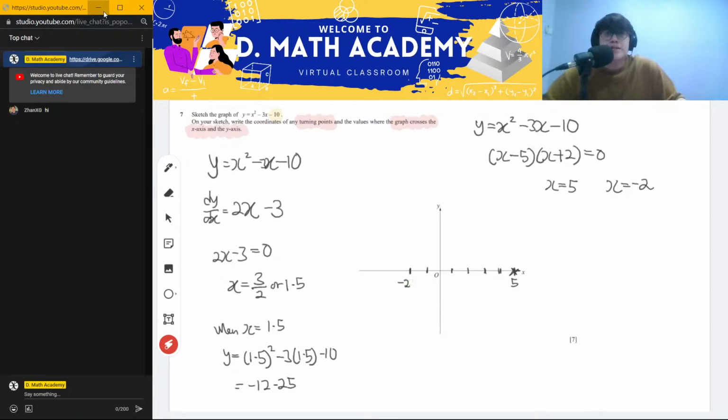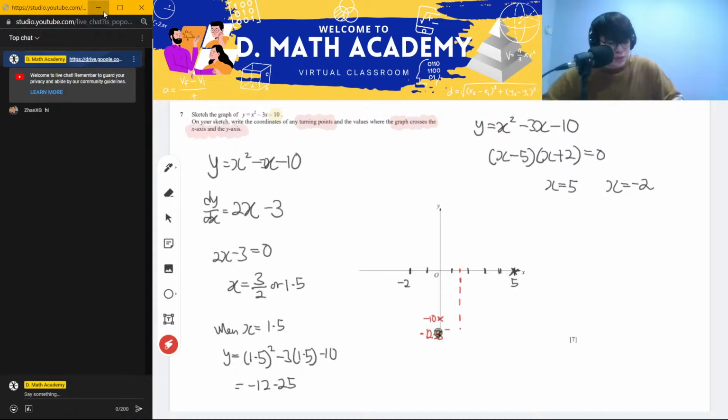Then the next thing is your 1.5 that was given by the question, our turning point here. 1.5 was here roughly. You trace it down. And then they told us that it touches at -10. So maybe you can put your -10 somewhere around here. And then you can tell them, this over here is your turning point. It is located at -12.25.